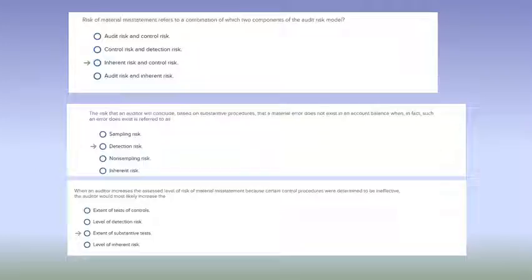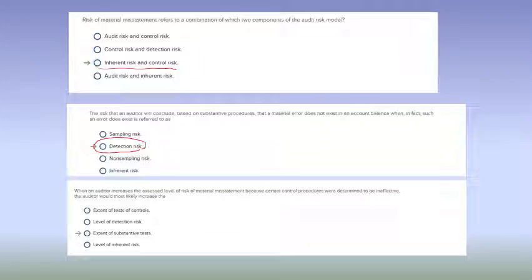And again, we're talking about the risk of material misstatement, and we say it is a combination of two components, and we've seen that: inherent risk and control risk. The risk that the auditor will conclude based on substantive procedures that a material error does not exist in the account balance when in fact such an error does exist is referred to as our detection risk.